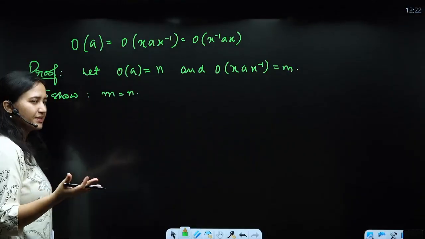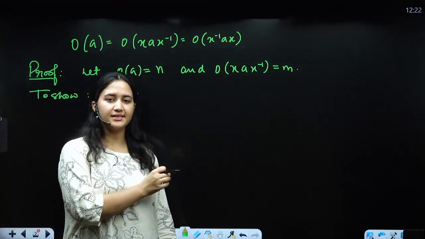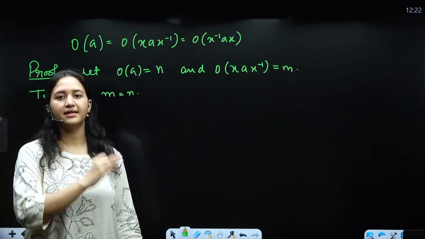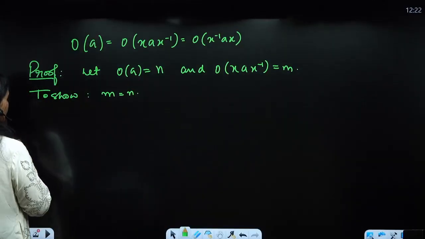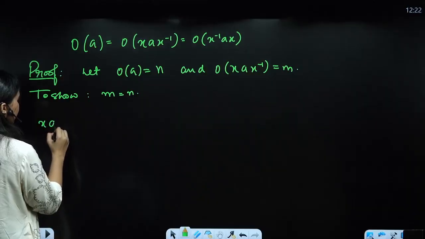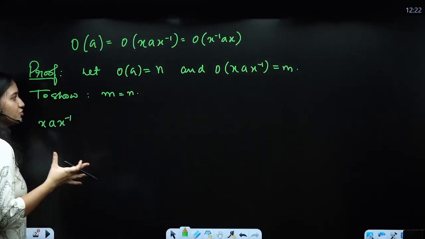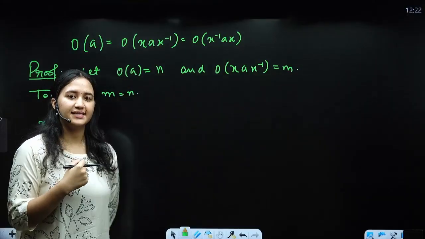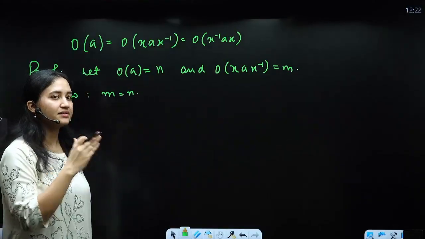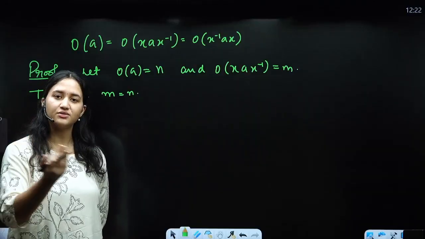Okay, what is the simplest way of showing this? That m is less than or equal to n and n is less than or equal to m, then we can say both of them are equal, right? So we'll start from, let's say, xAx inverse. We want to show that m is less than or equal to n, right? So I want to show that xAx inverse raised to the power n is going to give me E. Clear?